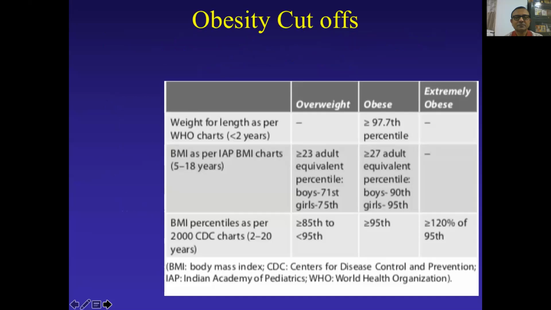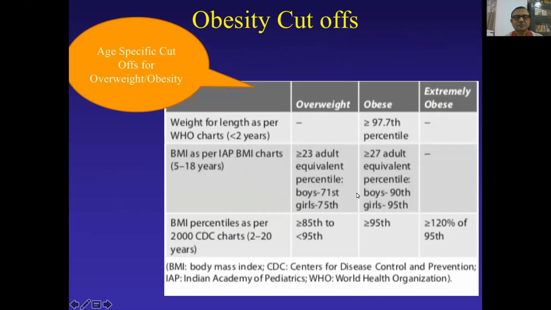And again, more importantly, the cutoffs are also age specific. So if you look at this, for children who are less than 2 years, the WHO has actually said that you have to use a much higher value for obesity, 97.7 percentile. And above 90th percentile is considered as risk for overweight.